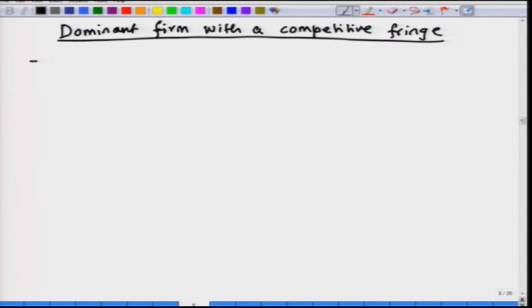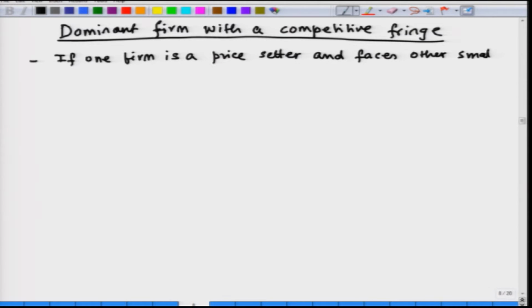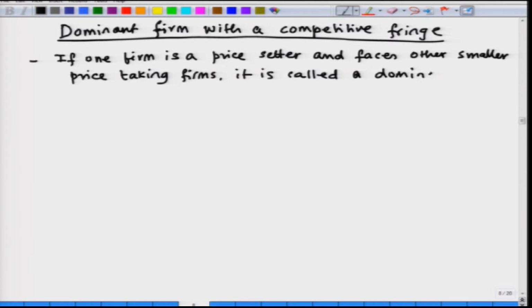So, let us first define what a dominant firm is. If one firm is a price setter and faces other smaller price taking firms, then this firm is called a dominant firm.